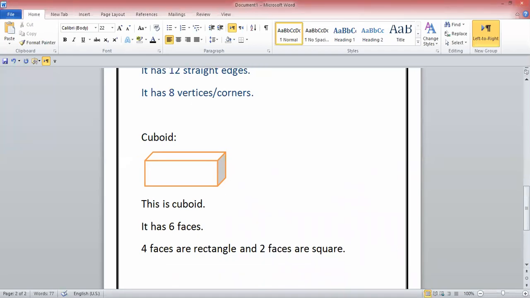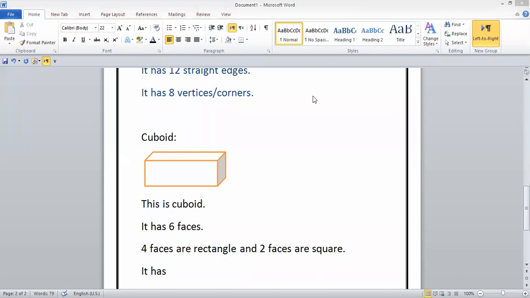Coming to the edges. Can you tell me how many edges does it have? 12 edges. Very good. It has 12 edges.